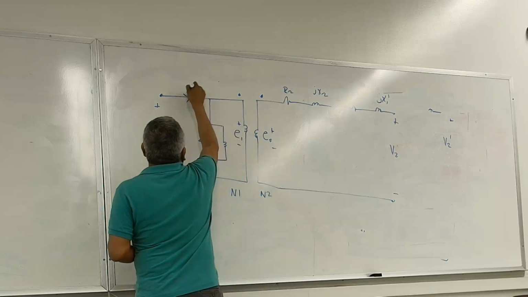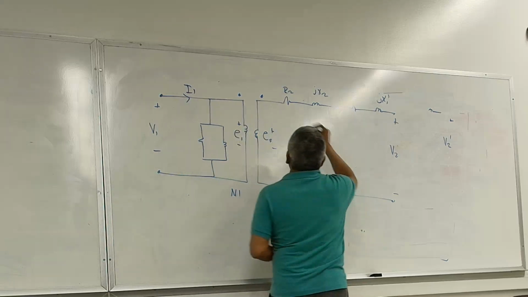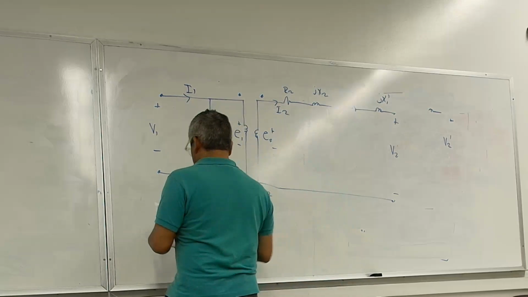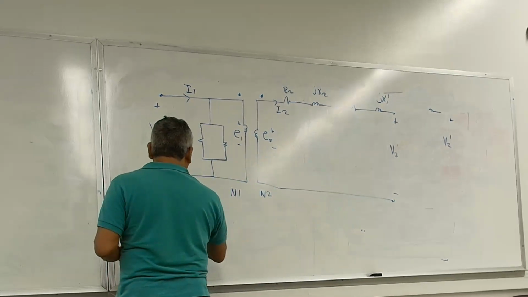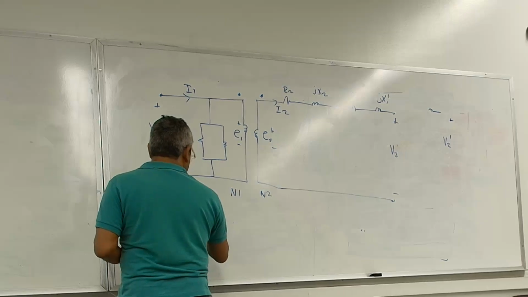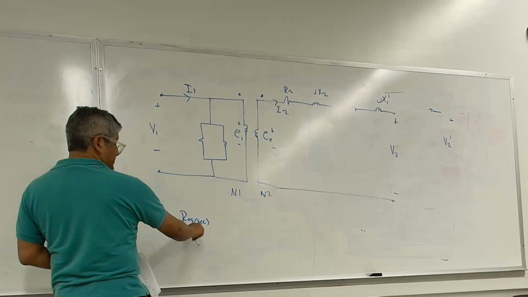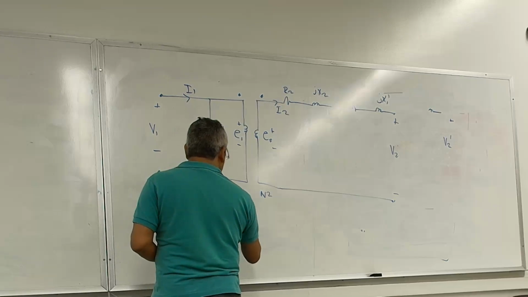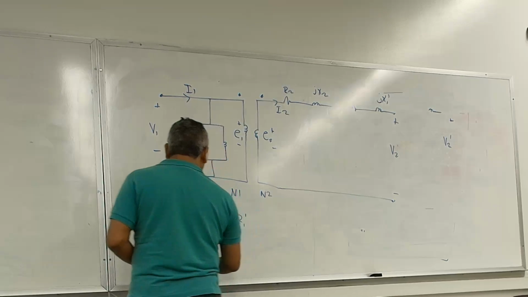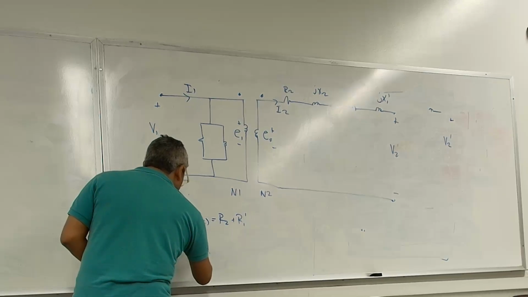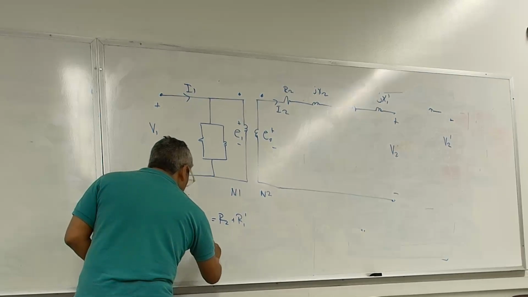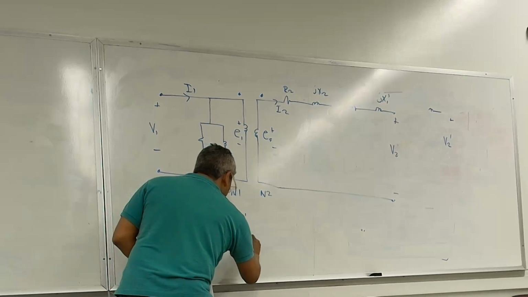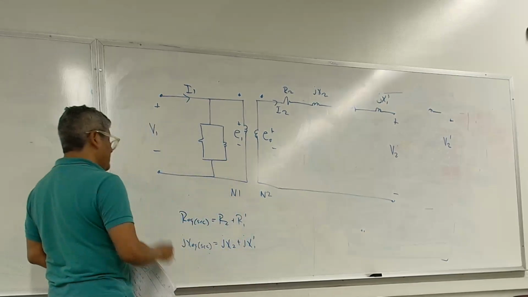I'm going to say this is I1, and then the current here is I2. So I can write this as follows. R equivalent secondary is equal to R2 plus R1 prime. JX equivalent secondary is equal to JX2 plus JX1 prime.